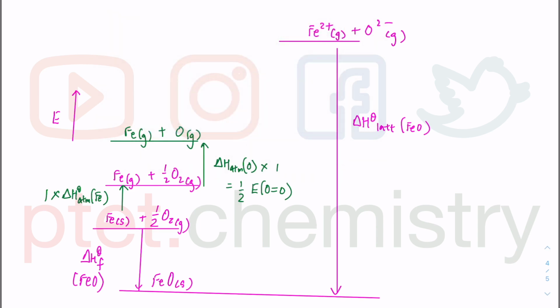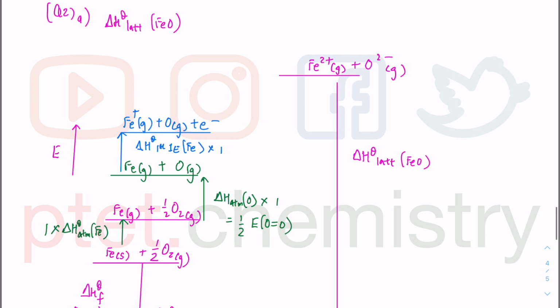So the next part of that equation goes to Fe gas. In fact, that goes to Fe+ gas plus O gas plus electrons. So this is just the iron undergoing the first ionization energy. So that is your first ionization energy of iron multiplied by 1. And then of course you go further to the second ionization energy in forming the Fe2+ gas, and the oxygen gas remains as atoms there because we haven't done anything with it yet, and we will think about it in a little bit.